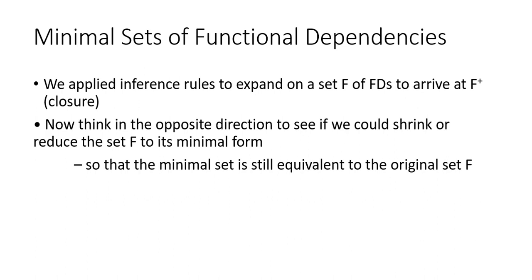We are reducing F to its minimal form so that the minimal set is still equivalent to the original set F. How we can shrink F into minimal form, we will see later, but the actual idea is that even though you reduce F to its minimal form, it should be equivalent to the original set F. The dependencies should not be violated or destroyed. We should preserve the dependencies.